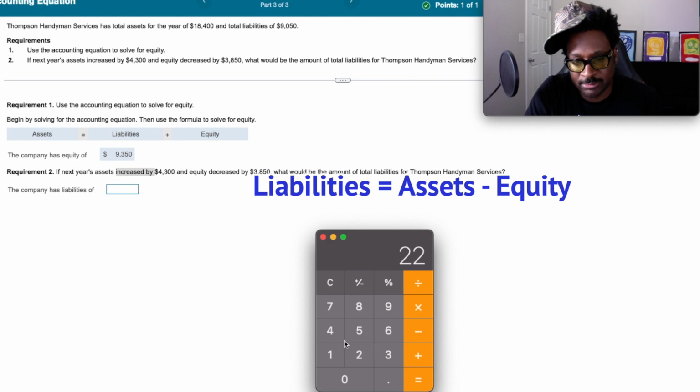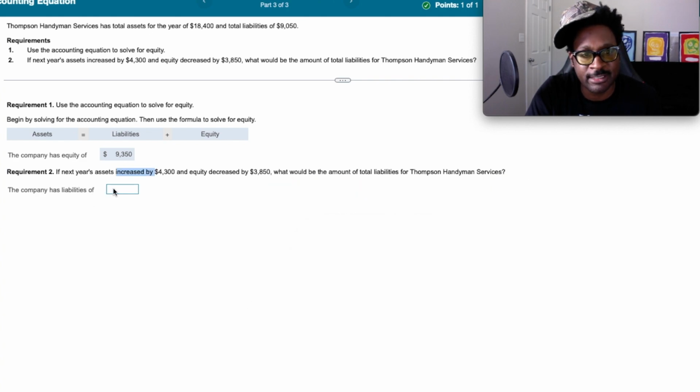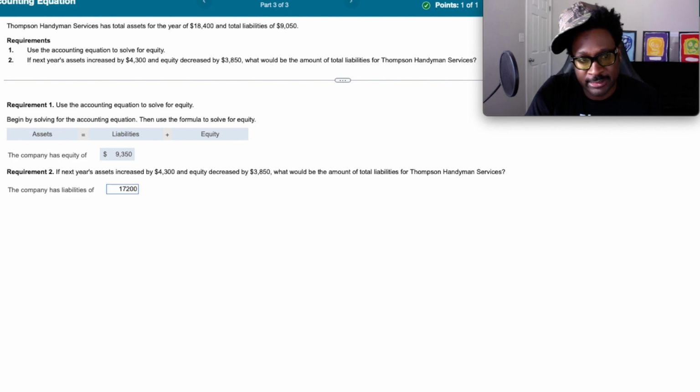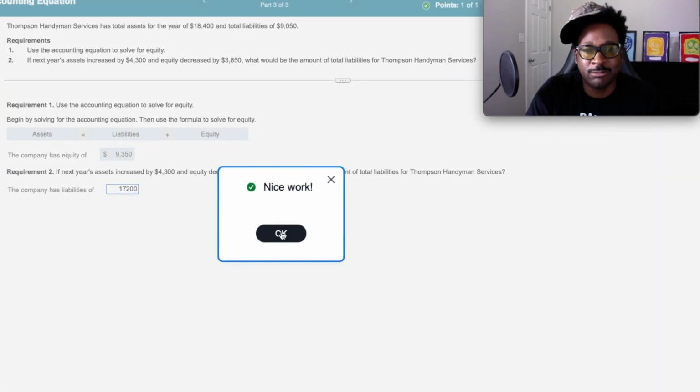So we're going to take the $22,700 minus the $5,500, and that will give us our new liabilities of $17,200. So we're going to check the answer. Nice work.